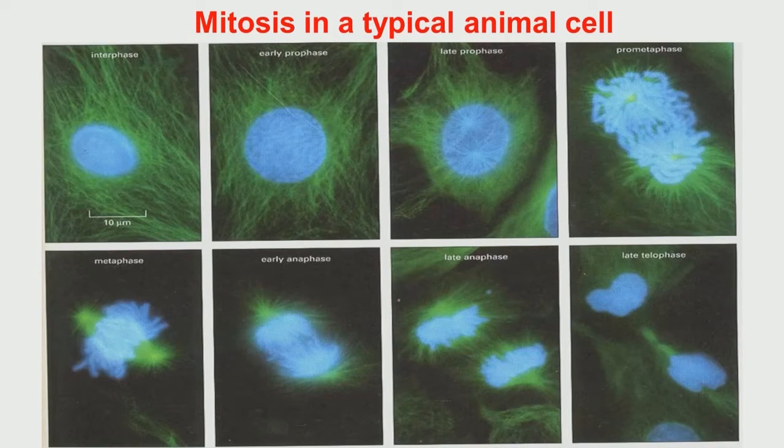These are some fluorescence microscopic images to show the progress of cell division of a typical animal cell, and what you see is that slowly the cells increase in size. You see that the nucleus significantly increases in size during the early stage of cell division.